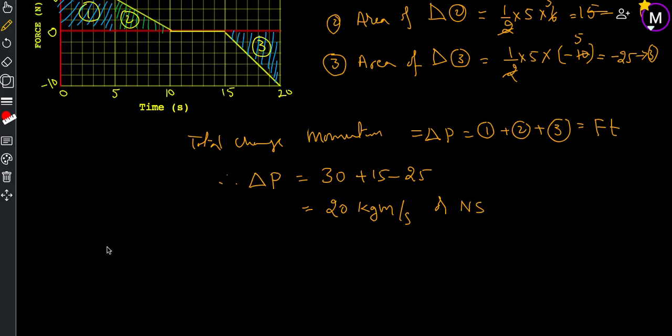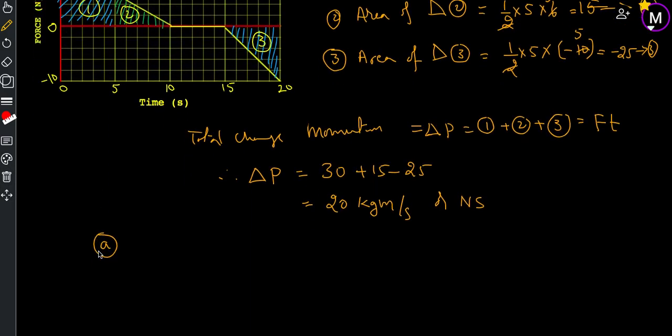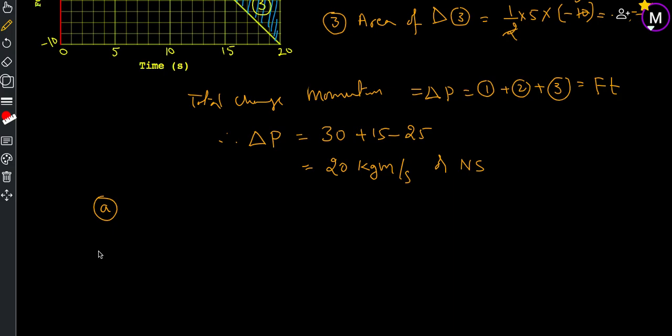Now the question A is: what is the velocity of the toy car after 20 seconds if it starts from rest? So we have to find the final velocity after 20 seconds.